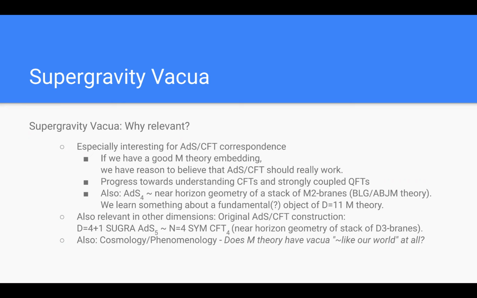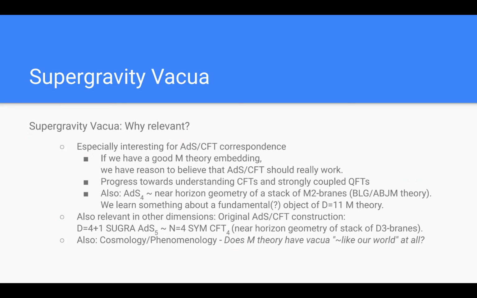Then, of course, this construction is also relevant in other dimensions. If we look at the original Maldacena paper on AdS/CFT, this was about type IIB superstring theory, the supergravity limit of that, compactified on a 5-sphere, which gives us 5-dimensional supergravity being equivalent to N=4 super Yang-Mills theory.